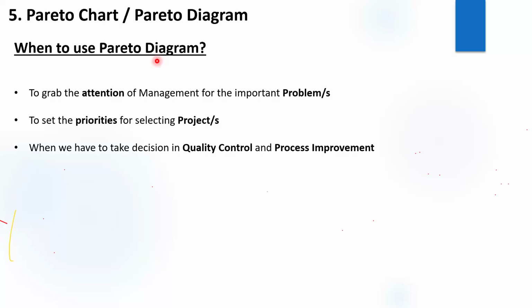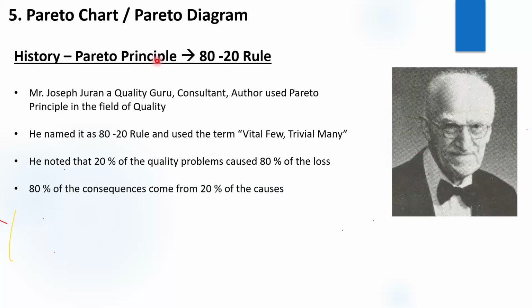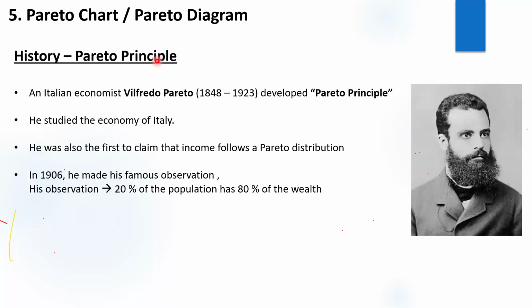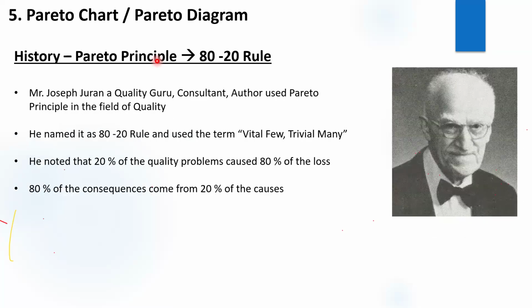I am again repeating. The history is, Pareto was an Italian economist. He noticed that 80% of the wealth belongs to only 20% of the people. Okay, and this is called the Pareto principle. Mr. Juran, who was a quality guru and consultant, named it the 80-20 rule and used this terminology for the first time in the field of quality, the Pareto principle.